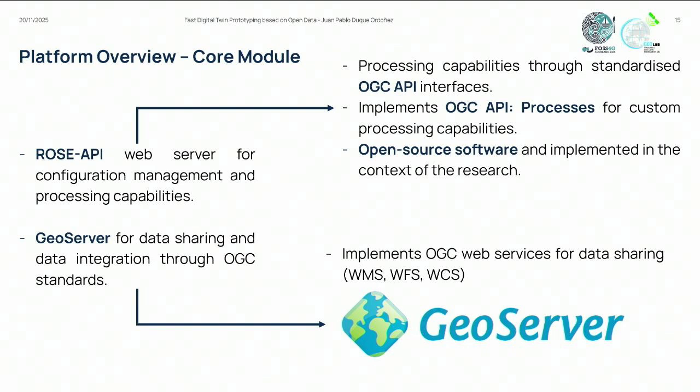The processing is done through an OGC API server that we also develop in the Polytechnico that handles OGC API processes to create this analysis, and also GeoServer for the data sharing, through OGC services, WMS, WFS, WCS, using GeoServer to actually share and connect the data with the visualization.